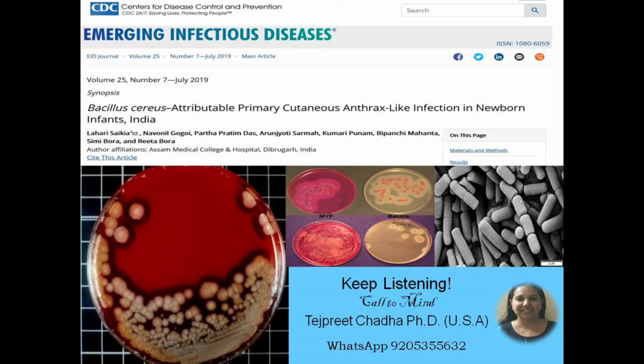This study suggests that the Bacillus cereus strain is able to persist in the hospital environment despite routine cleaning procedures, and if it persists, then it is definitely a source of infection for inpatients, because it has an ability to form spores or biofilms. So that becomes a problem.